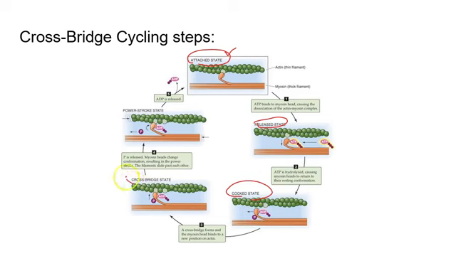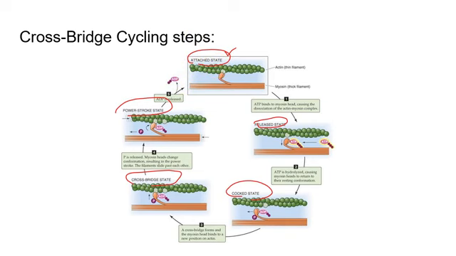And then next we have the cross bridge state, at which the myosin is connected to the actin molecule. Then we have the power stroke state, during which there is another change in the myosin head shape, and this shape change causes the power stroke, sliding the filaments past each other and shortening the sarcomere. And then we get back to another cycle.